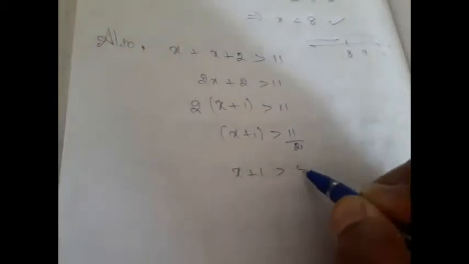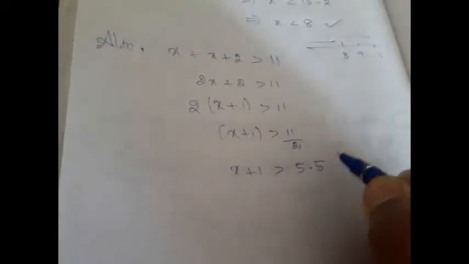Yes, so x plus 1 is greater than 5.5, or x is greater than 5.5 minus 1, which is x is greater than 4.5. So we got x should be greater than 4.5, at the same time x should be less than 8.